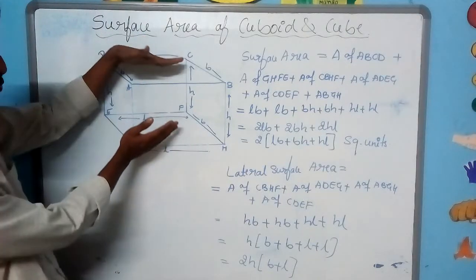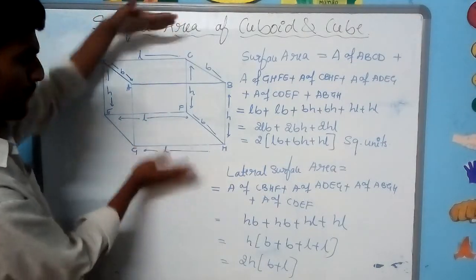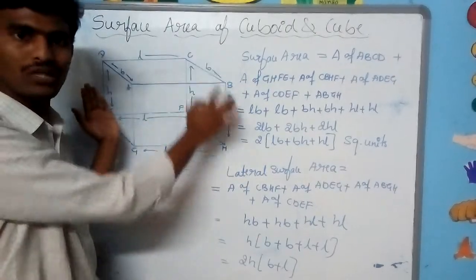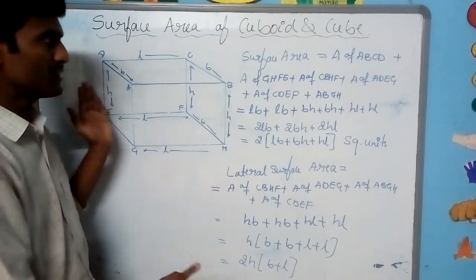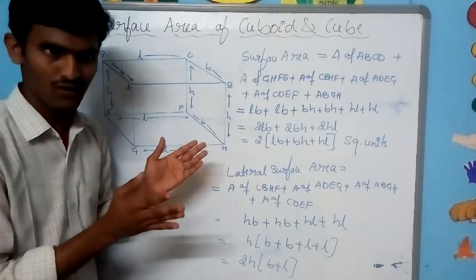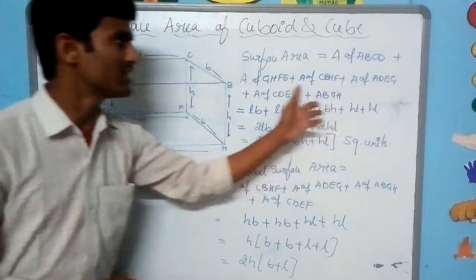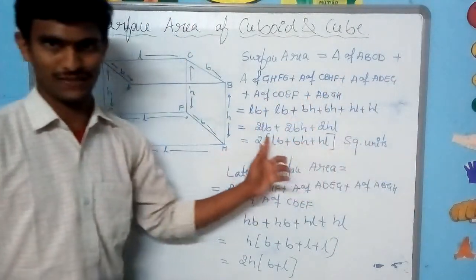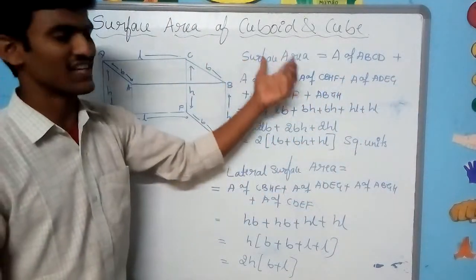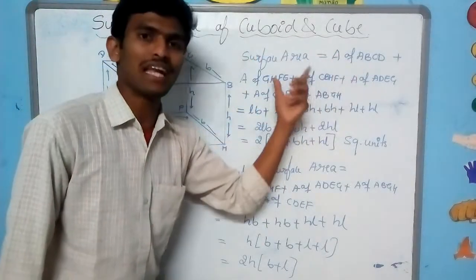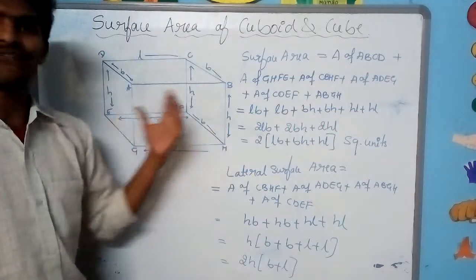The 6 faces are top, bottom, front, back, and the 2 side faces. So total 6 faces are there. If you want the surface area of the whole cuboid, you should find the sum of the areas of the individual faces.